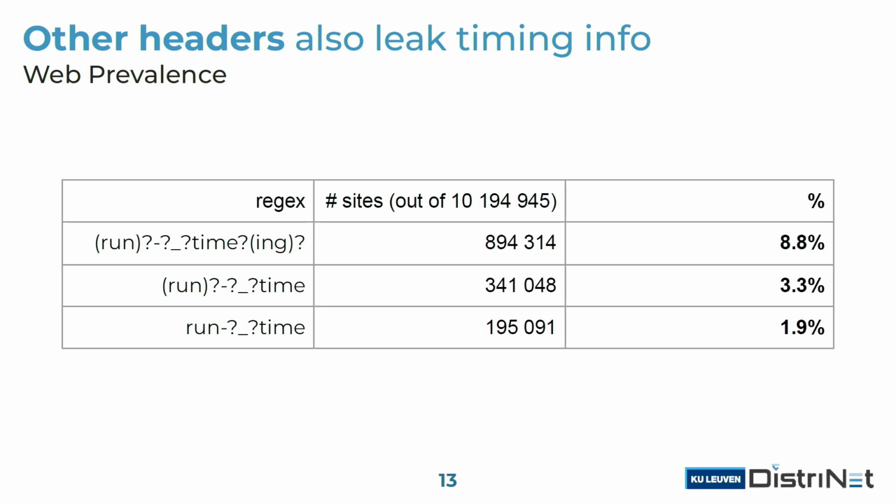It's really accurate and not great. The top row is much more inclusive, this regular expression, and all of the server timing headers will be included in that 8.8%, also including, of course, the runtime headers and the time headers.